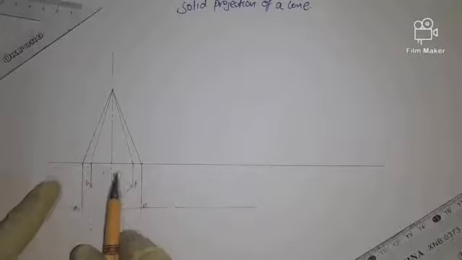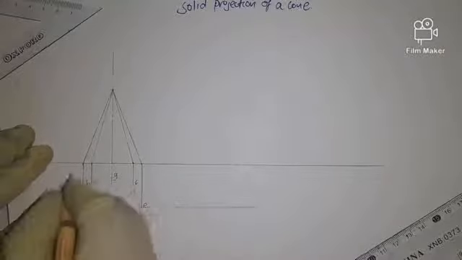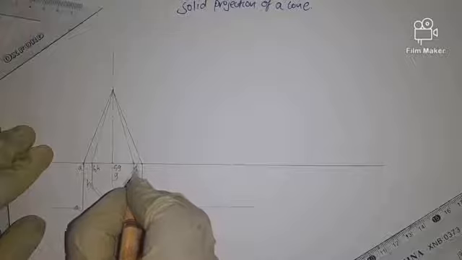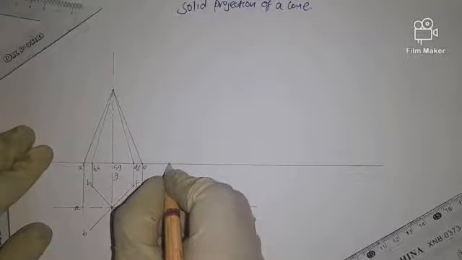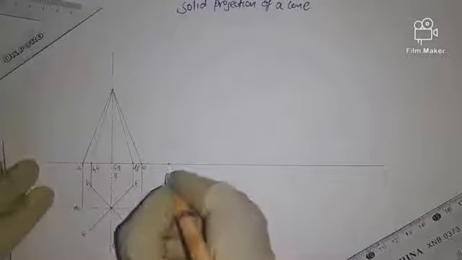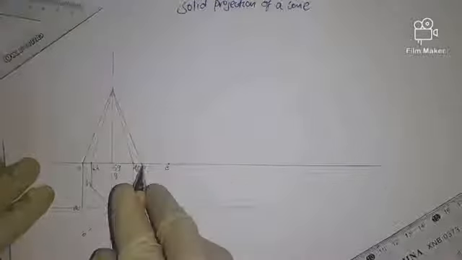The second condition, we are going to let this cone lie on the horizontal plane. Before we do that, we can name, this is A, this is B and H, and this one is C and G, and this one is D and F, and the last one is E. So we are going to let our point start there, and we can call this one E. This is the starting point.